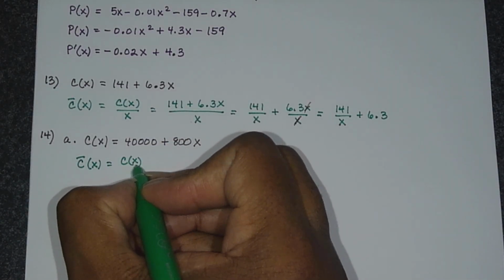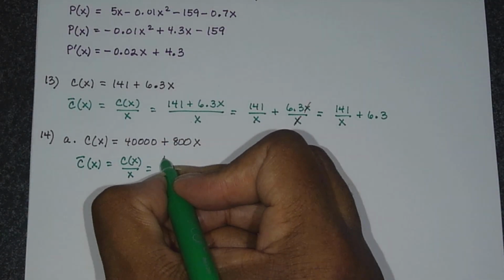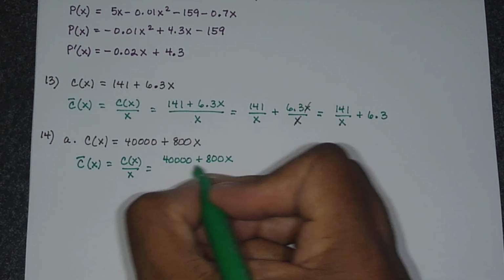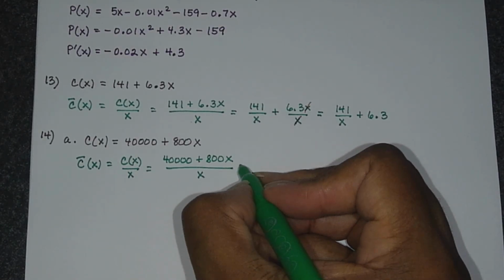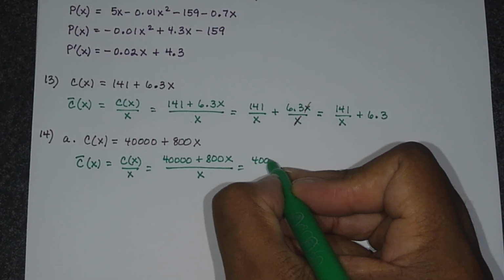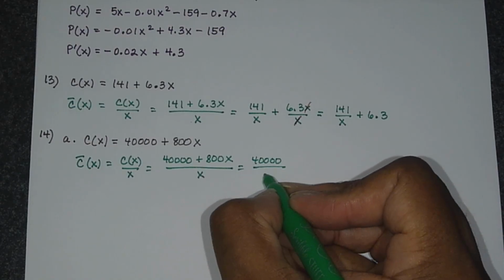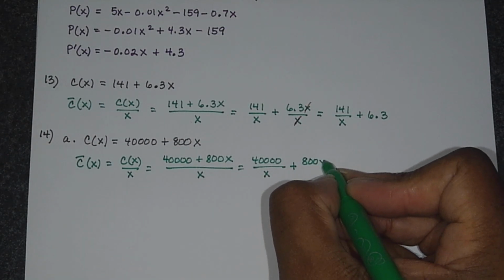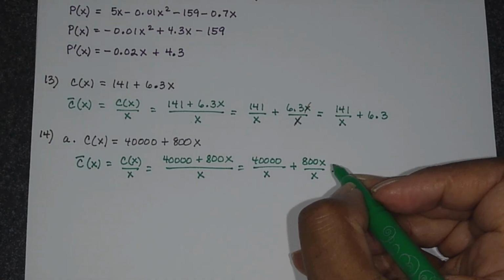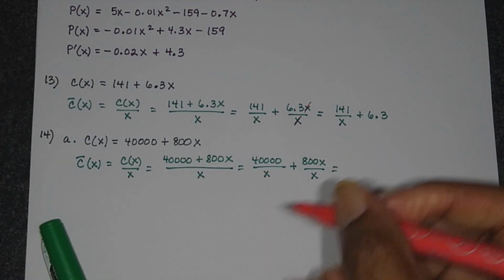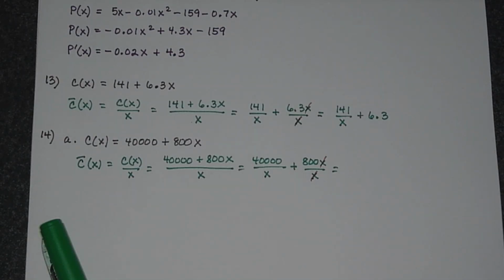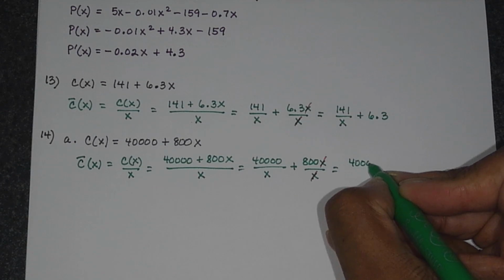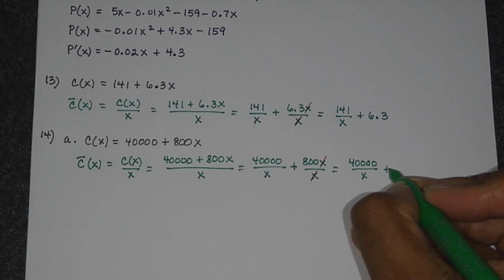That's C of x divided by x. So we take that cost function of 40,000 plus 800x divided by x. So it'd be 40,000 over x plus 800x divided by x. And as you can see, these x's will divide out here. So I'm left with 40,000 over x plus 800.